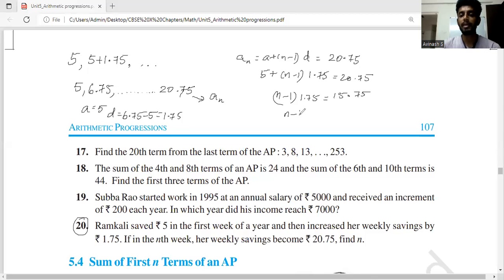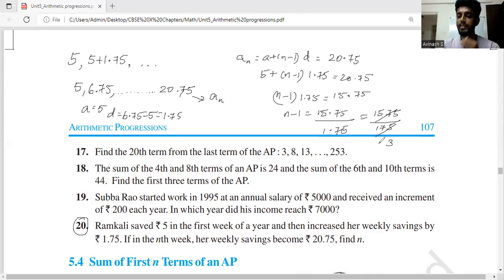Now the final step will be n minus 1 equals 15.75 divided by 1.75. Please don't cancel the 75 and all that. So we have to multiply it by 100 in order to remove the decimals. We can directly do it with the decimal as well, but this is a simplified version. Now with the 5 table we can cancel.